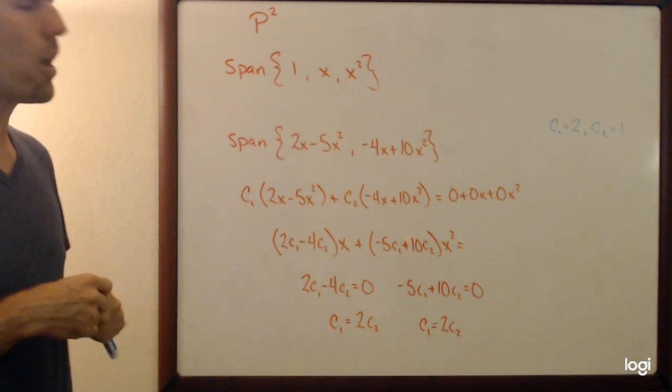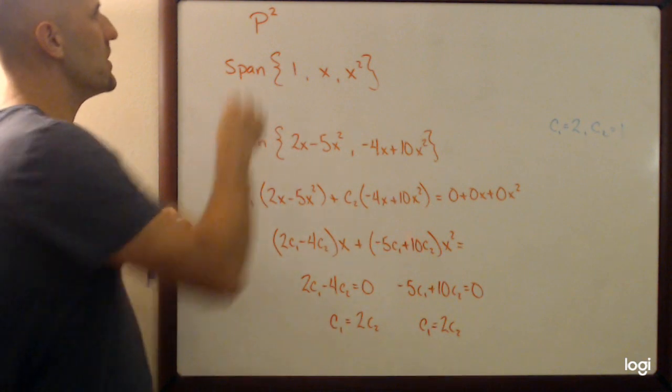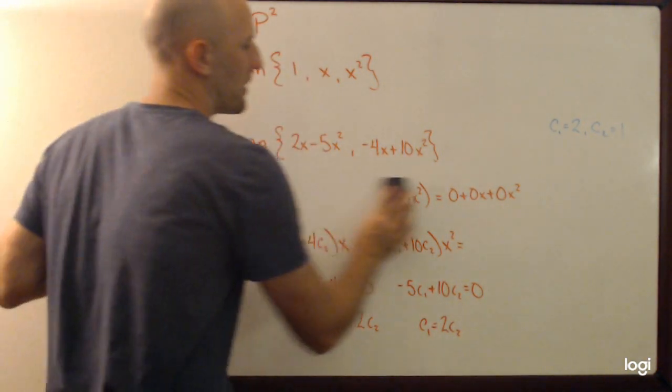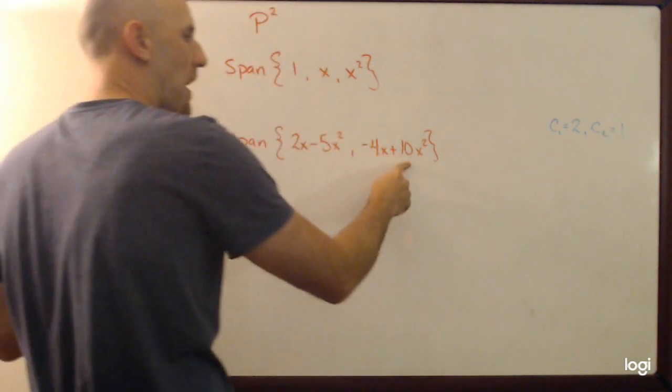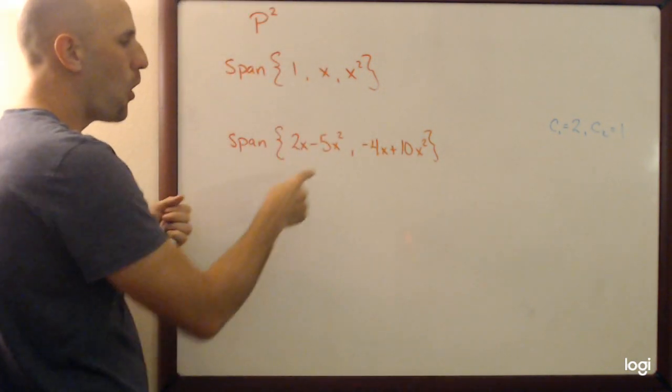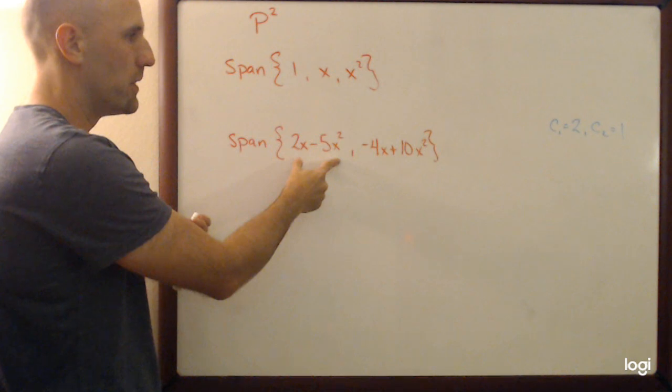So what are we talking about here? Well, what we're saying is that this is dependent because this vector was already in the span of this one, right?